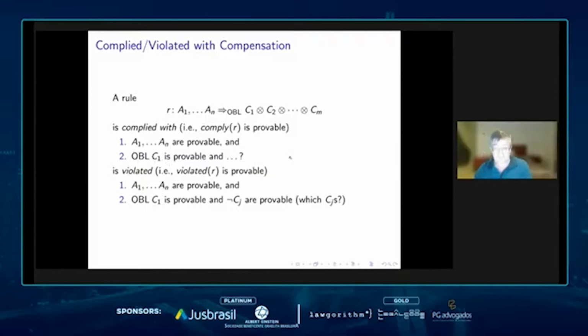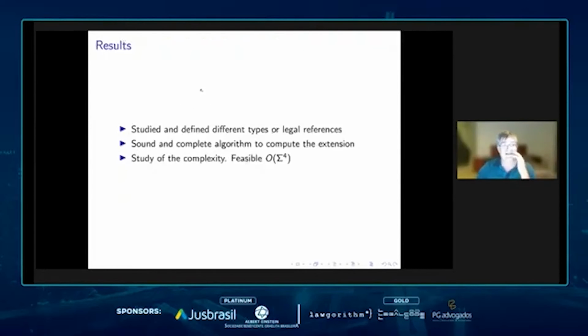In the paper, we give the proper conditions to specify different alternatives and the different degrees of compliance. Similarly, we can do it for the notion of violation. Of course, we have to have the opposite, but something more. Okay, so that was just the idea.